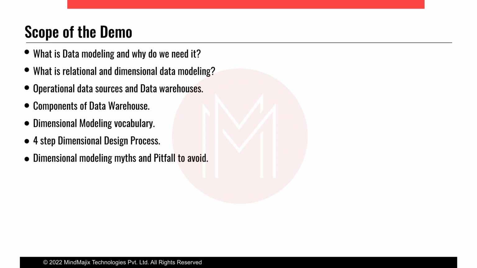Third one, non-volatile. Data warehouses are created with non-volatile data. What that means is that once the data comes in, it cannot be changed. The transactional data that we get from operational data sources and bring into data warehouses is the source of truth.